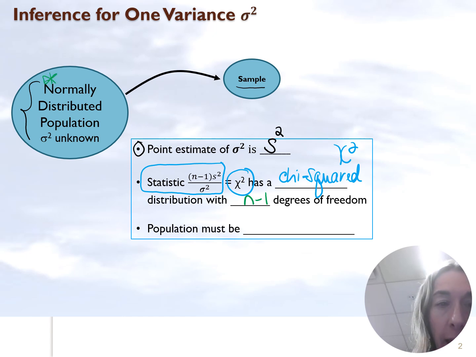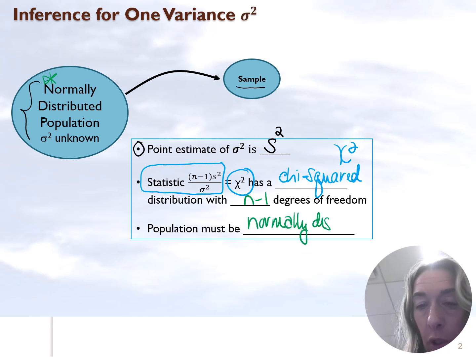Note that our population must be normally distributed when using the chi-square distribution for this inference.